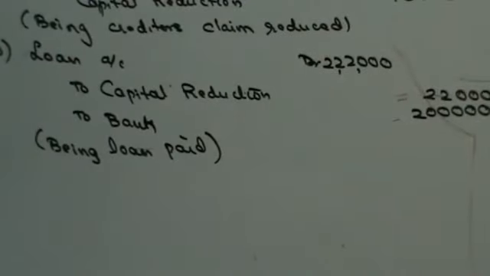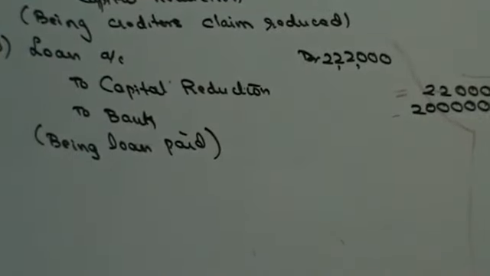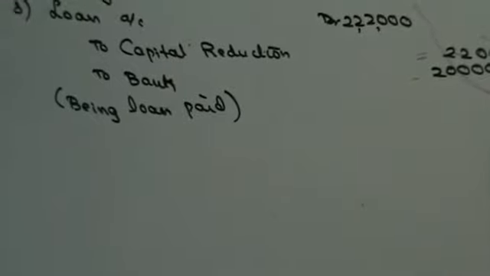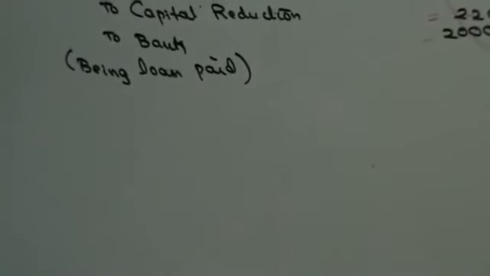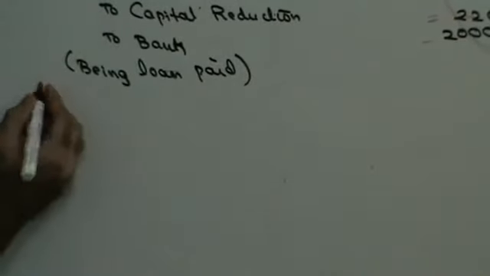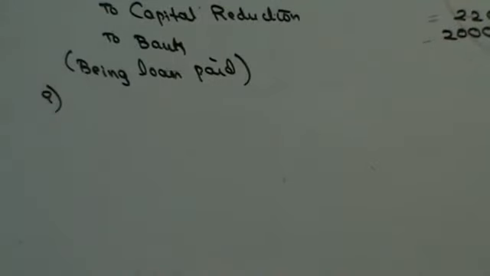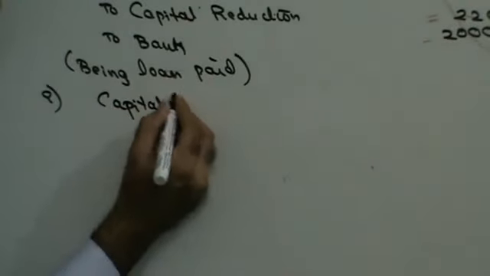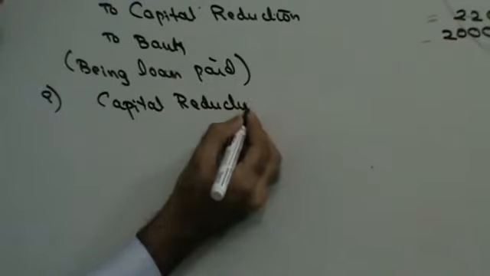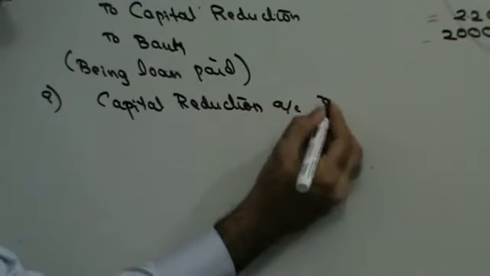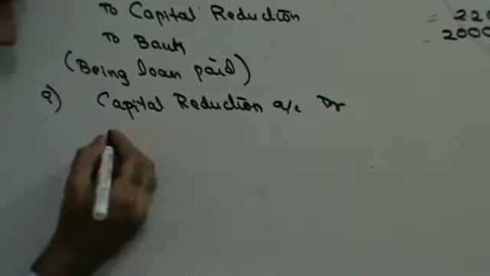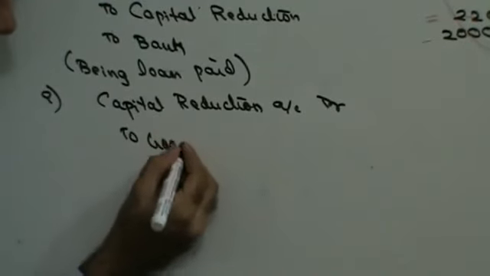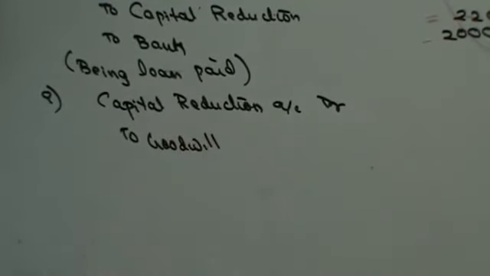Right? Next, goodwill and debit balance of profit and loss account shall be written off and cost of reconstruction of 5,000 was paid. Assets written off, capital reduction on the debit side. So this is going to be capital reduction account debit to goodwill, to profit and loss.